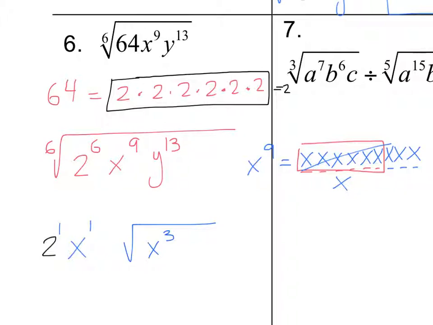Now another method I'm going to be using for the y. Instead of taking y and writing it out 13 times, which is just painstaking work, what you can do is divide the y to the 13th into different y's having different powers that would add to 13. But you have to think of these powers in a way that one of them would be completely divisible by the index.